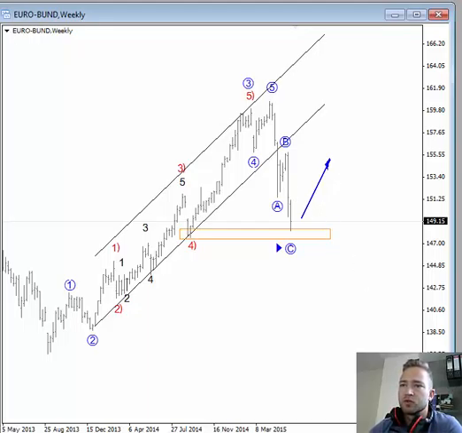And the main reason why I think that dollar could rally while DAX will recover is the structure on dollar index.